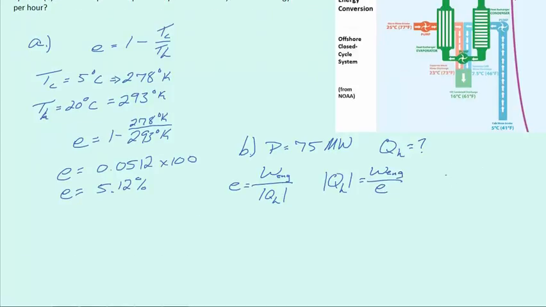And we know that power is equal to work over a change in time. So from the equation we see that work is equal to power times our change in time. So we can plug this in for our work done by the engine, which would give us a final equation that states that our energy absorbed from the heat reservoir is equal to our power output multiplied by our change in time divided by our efficiency.